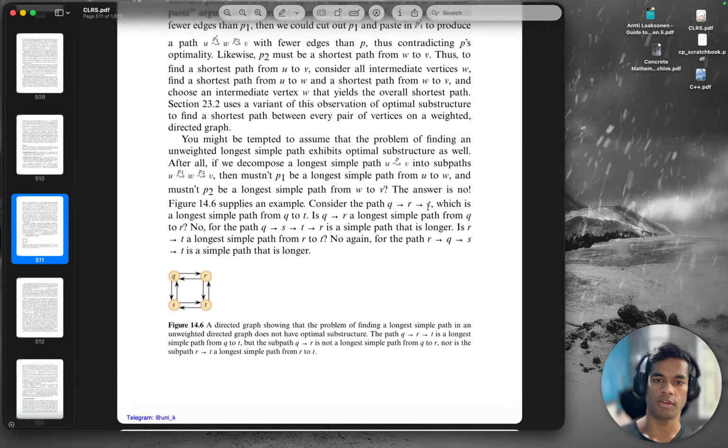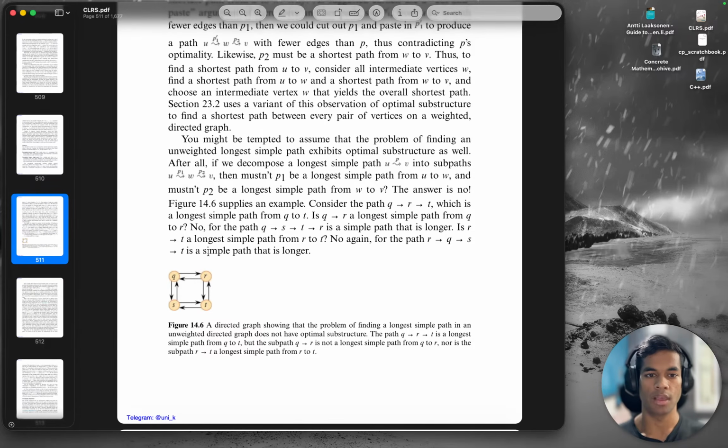Consider the path Q to R to T, which is a longest simple path from Q to T, because there can be other longest simple paths from Q to T. Is Q to R a longest simple path from Q to R? No. For path Q to S to T to R is a simple path that is longer.